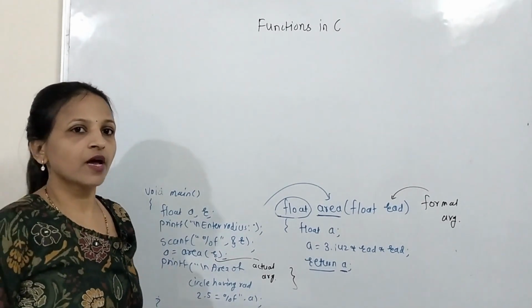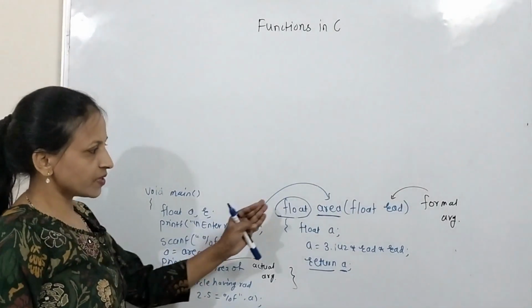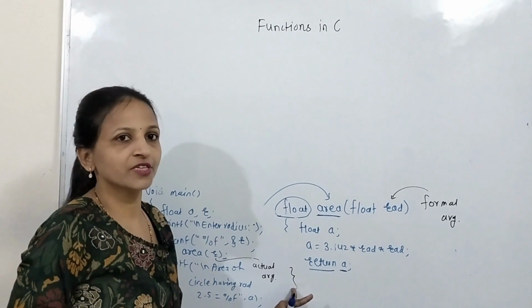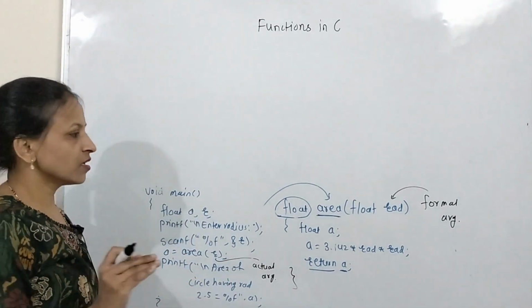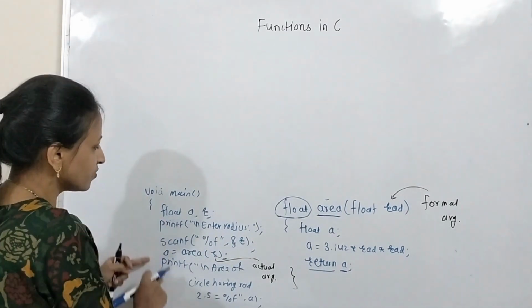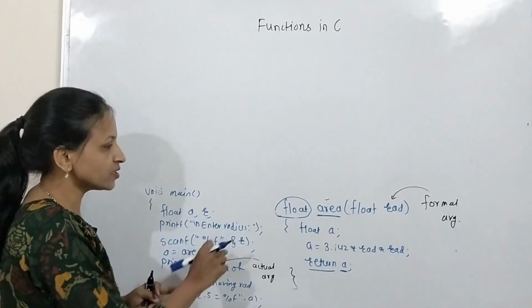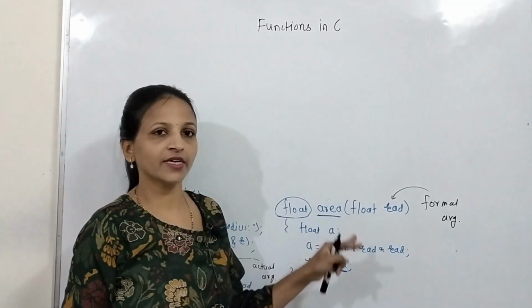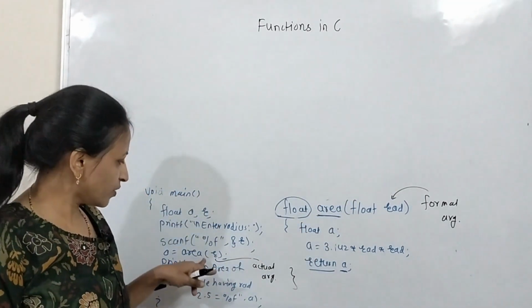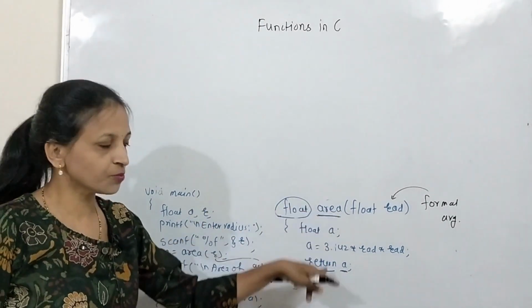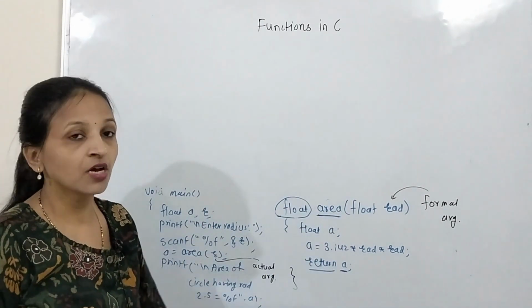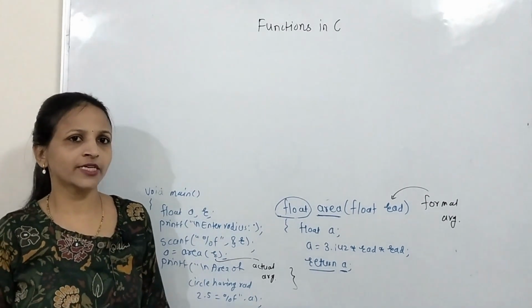Suppose in a program we first write main, and after that I write this function definition. Then in that case the function declaration is always compulsory. Here I am calling the function first, and after that we have written the function definition. This is the function call, and this is the function definition. After calling the function, if we have written the function definition, then the compiler can generate an error.